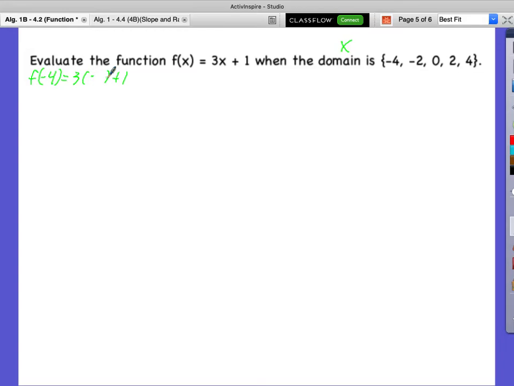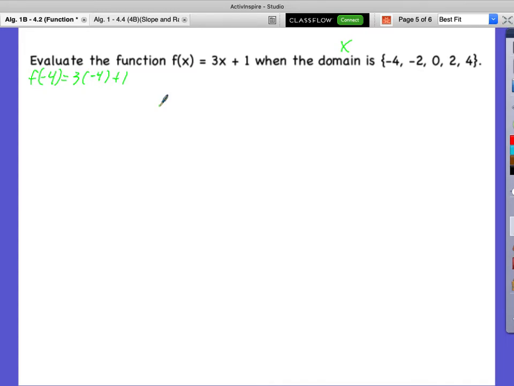We're plugging in negative 4. Yeah. So we'd say f of negative 4, that tells us which one we're substituting, and then we substitute it in from this equation. How many times do we do this problem? 5 times. So you get 5 different answers. There's 5 answers for this problem, because when x is negative 4, you get 1 answer. When x is negative 2, you get another answer, okay?